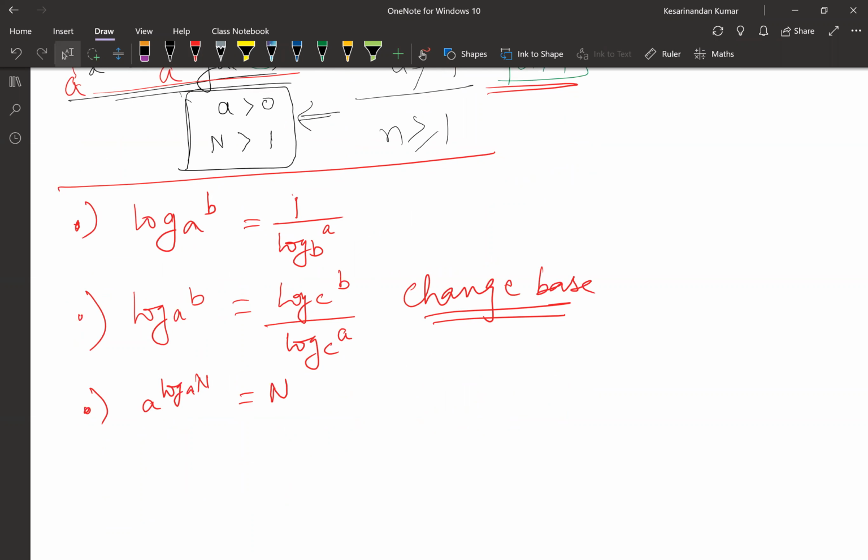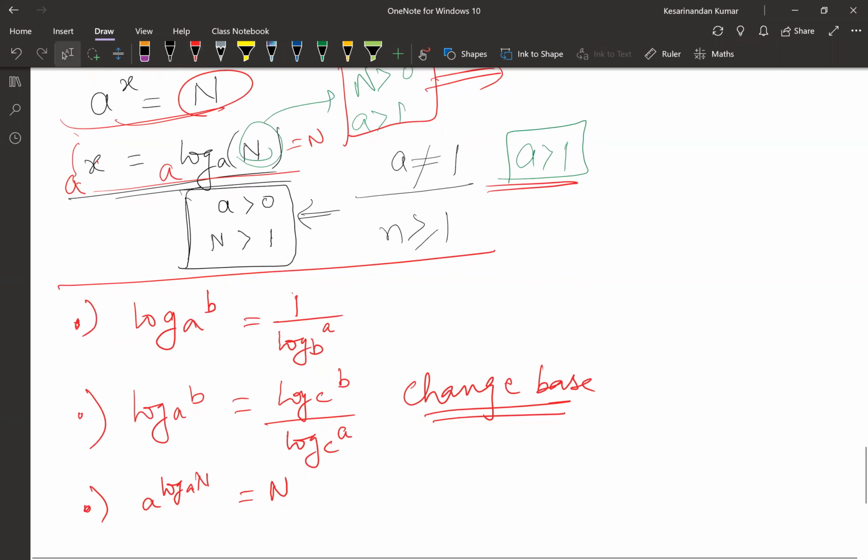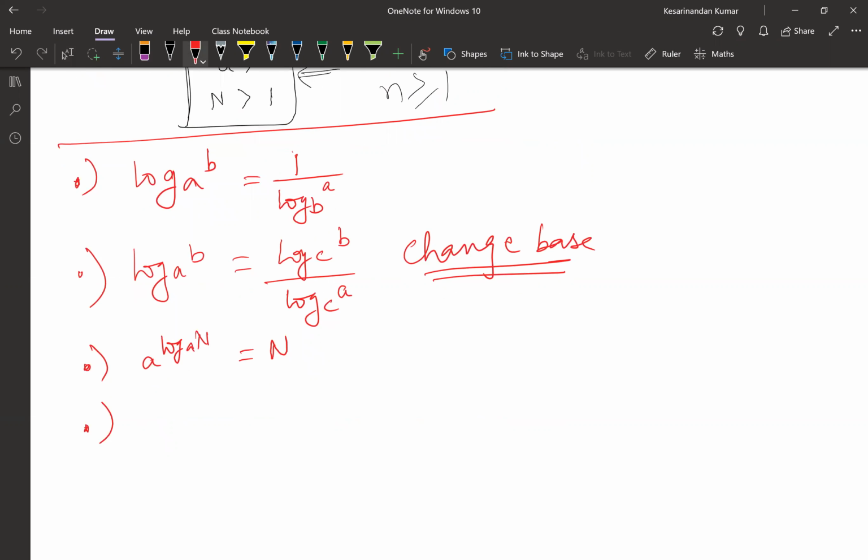Also one thing, x can also be in the denominator or some other form. Like let's say even your base is in some index form. Let's take this q and this p for safety. This is your base, this is your index.